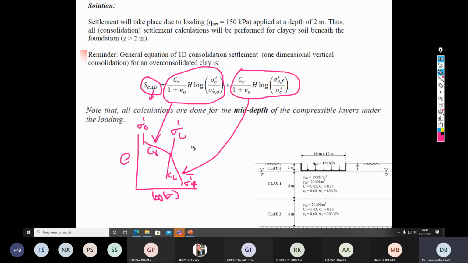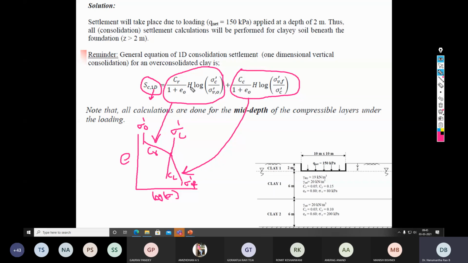I hope it is clear to everyone how to derive the equations for consolidation settlement, whether it is over consolidated or normally consolidated. So the equation for consolidation settlement is CR by 1 plus e naught. E naught for layer number 1 and layer number 2 both have been given.